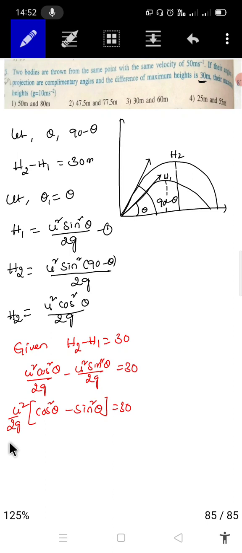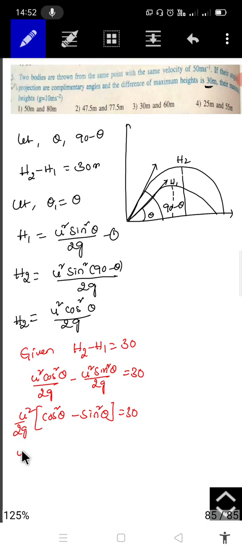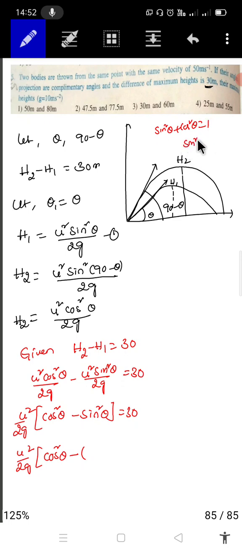Now u square by 2g into cos square theta minus sin square theta. Since sin square theta plus cos square theta is equal to 1, we can write sin square theta as 1 minus cos square theta.